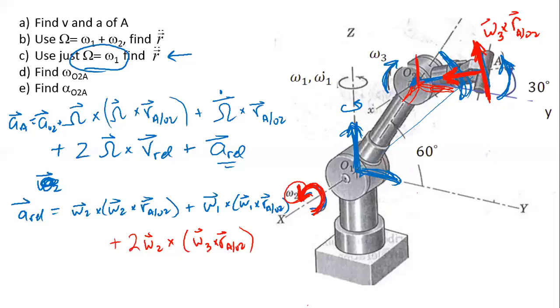Yeah. Why is omega 1 in the A REL? Wouldn't it be accounted for in the capital omega? Oh, you're right. Sorry, that should be omega 3. Thanks. Dr. Self, if you were finding the A REL and your capital omega included 1, 2, and 3, would there be a B REL?